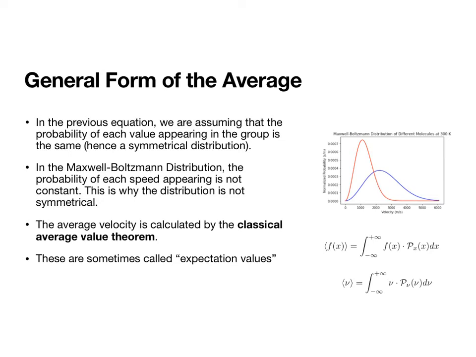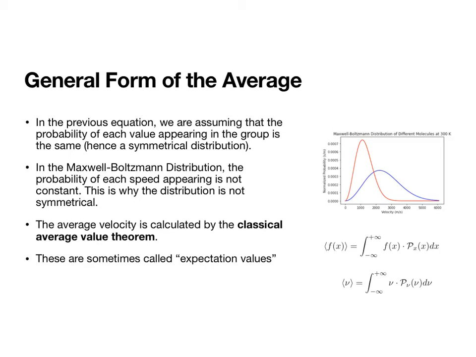Now, the general form of the average is not going to work if our distribution is not symmetrical. And so then we have to think about a better definition of how to find the average. So in the previous equation, we are assuming that the probability of each value appearing is the same.